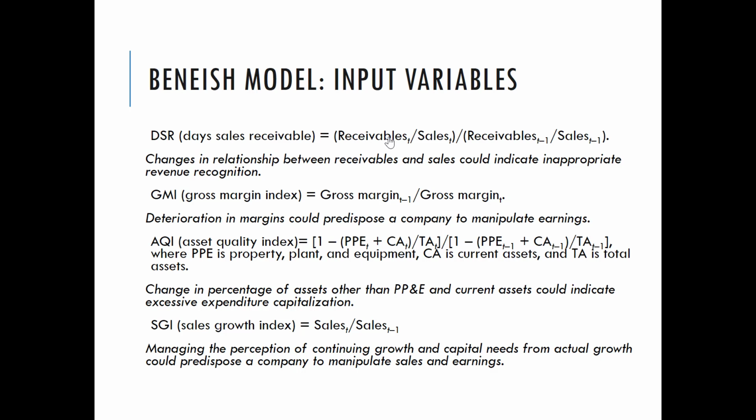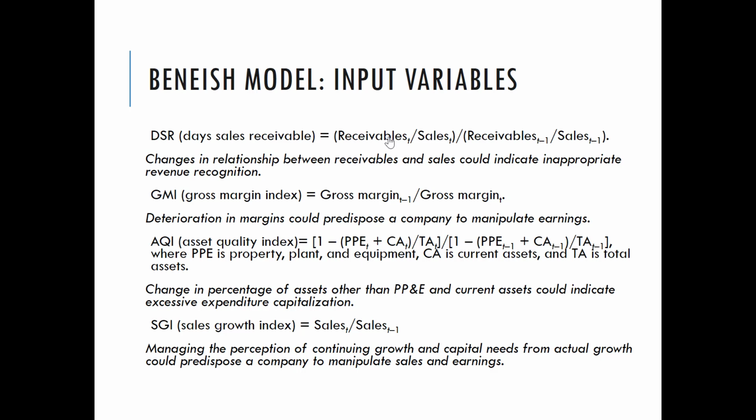So if you're looking at, for example, the first variable DSR, days sales in receivables, we're looking at the ratio of receivables to sales for this year compared to the ratio of receivables to sales last year. The idea is that if you have an increase in the receivables in relation to sales from the year prior, it indicates that maybe there might be something wrong.